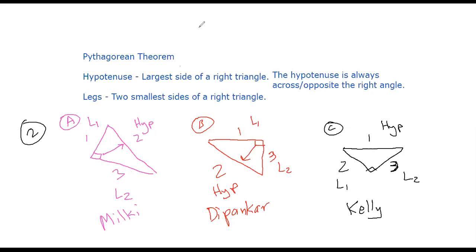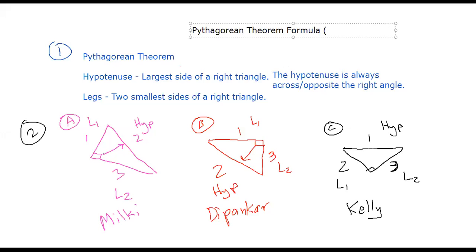I forgot to say one more thing on number 1, which is the Pythagorean theorem formula, so let me write it up here. The Pythagorean theorem can be written using one of two formulas, and they mean the same thing; it's just different ways of writing it.